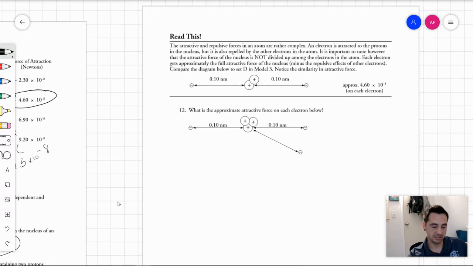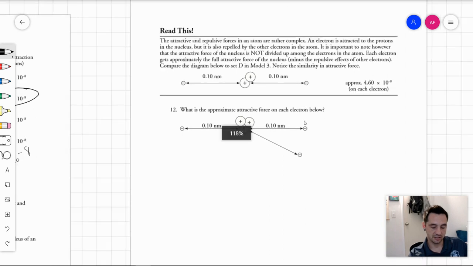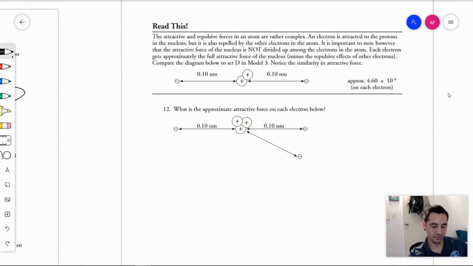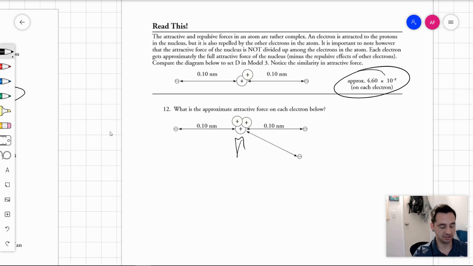So this next part here is demonstrating this. As you said, the two protons would have the same pull on the electrons, regardless of how many electrons there were. So if we had 3 protons, would that change the attractive force on electrons?